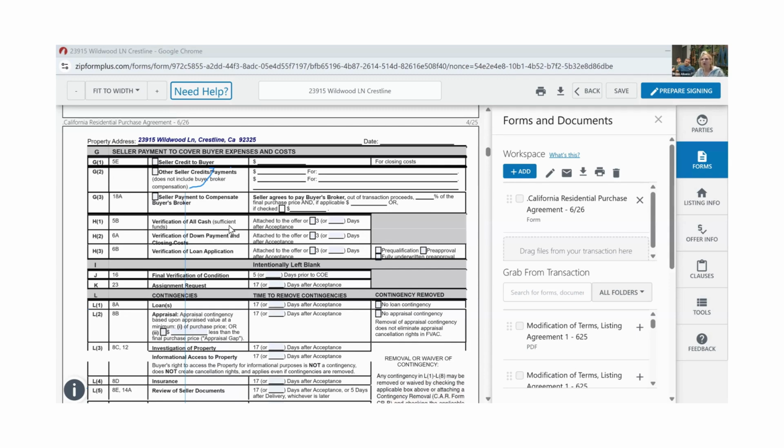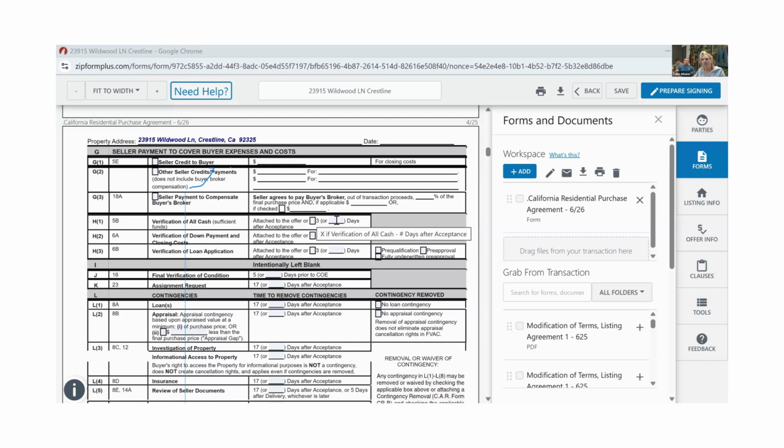Okay, so verification of all cash. If you're making a cash offer and you don't include proof of funds, a bank statement, your 401k, whatever, then you need to provide that within 3 days of acceptance. If you want the 3-day option, you do need to check the box because attached to the offer is the default.